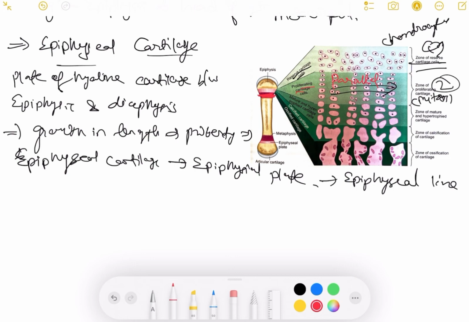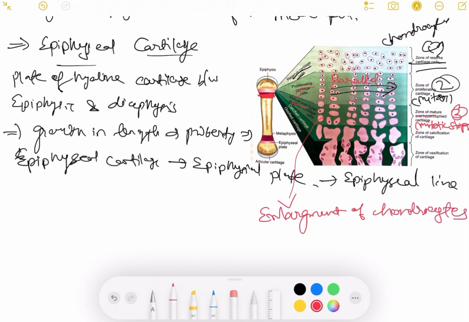So proliferating cartilage cells. Now third one, zone of mature and hypertrophied cartilage. Here mitotic activity is absent, or you can say mitotic activity stops. So there will be what? Enlargement of chondrocytes. You can see mature and hypertrophied. So there will be enlargement of chondrocytes as mitotic activity stops.